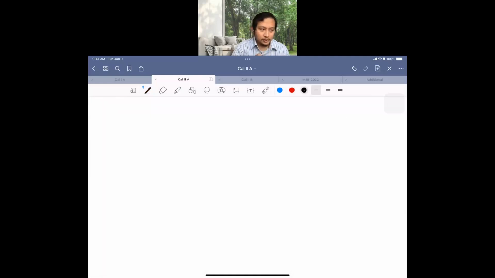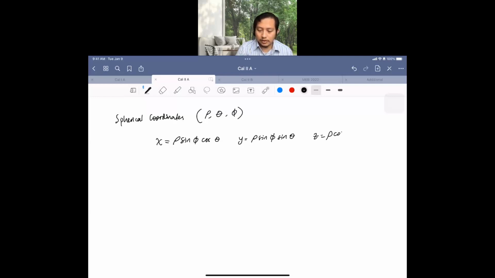Now, spherical coordinates. Remember that we have rho, theta, and phi. If we remember how to convert, x is rho sine psi cosine theta, y is rho sine psi sine theta, and z is rho cosine psi.